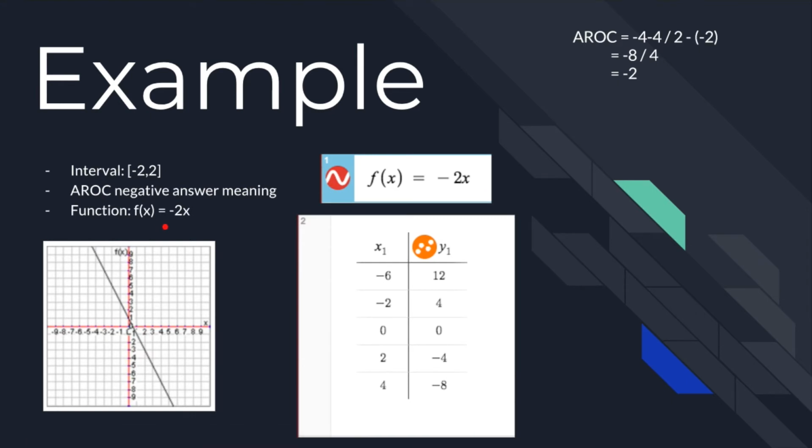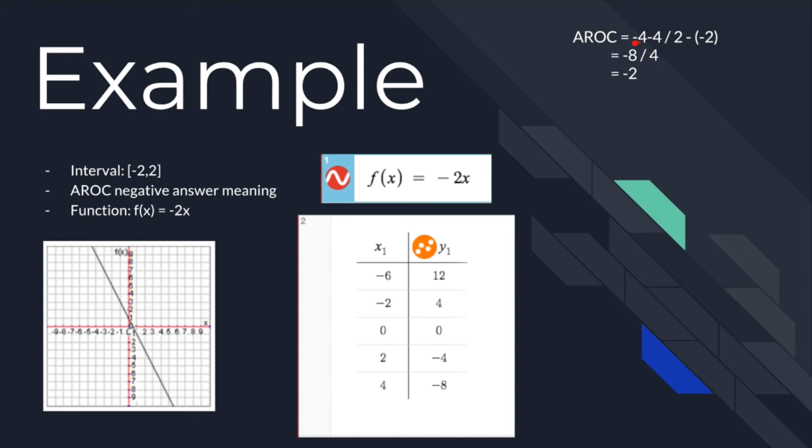So we will now look at the example of the question and where you can find the average rate of change over this interval. Without using the formula, we can simply subtract the first y value, which is 4, from the second y value, which is -4, and divide that by the second interval given, 2, subtracted by the first interval given, -2.